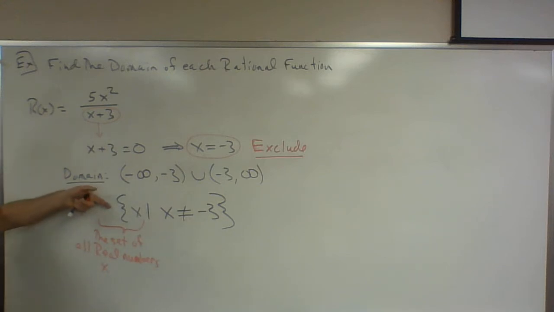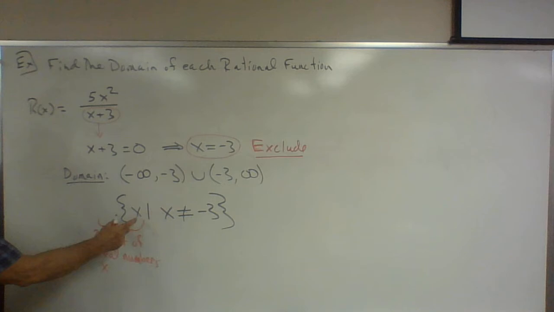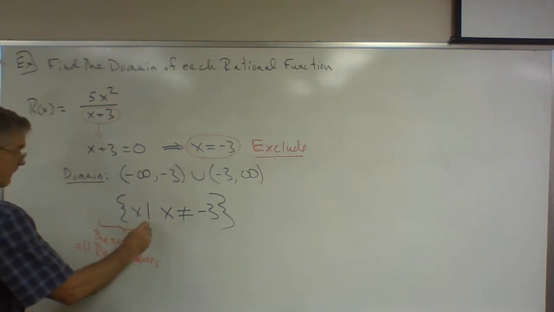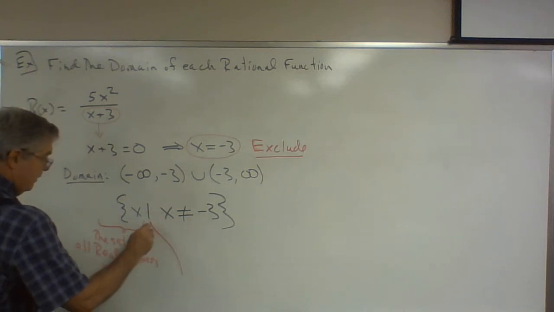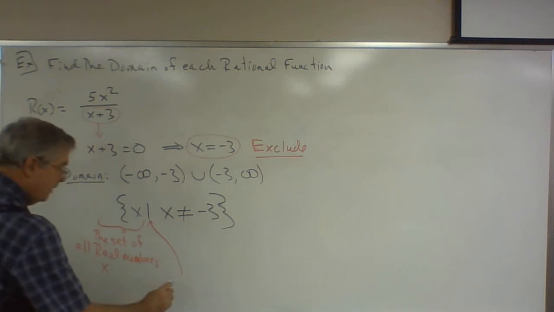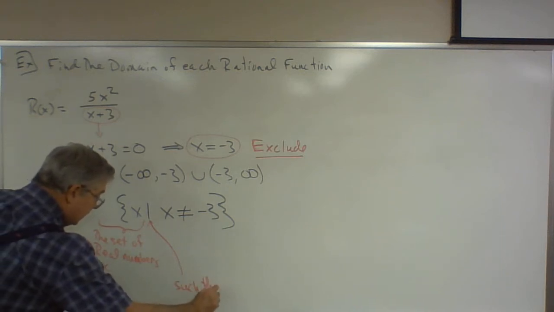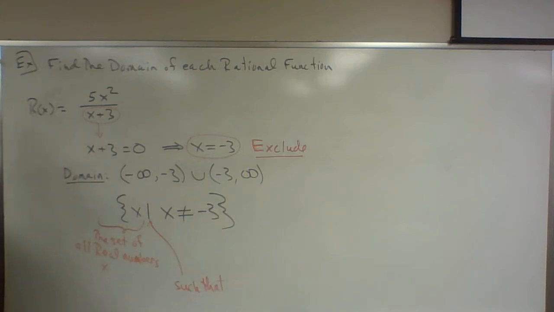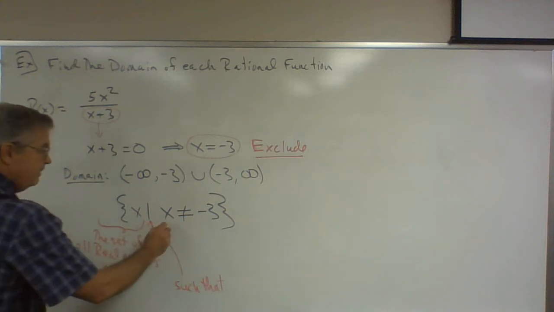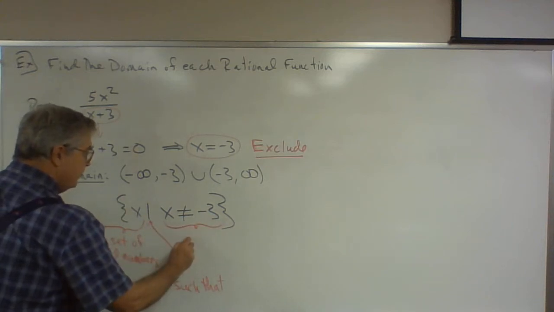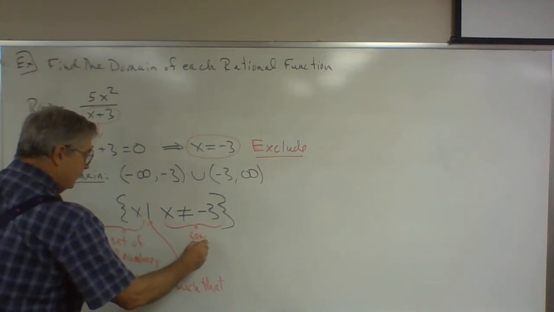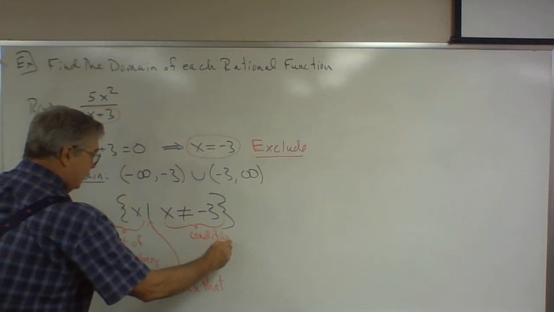This much is translated this way: the set of all real numbers x, that's what this much of it means. This vertical bar is translated such that, and then the condition for membership into the set.